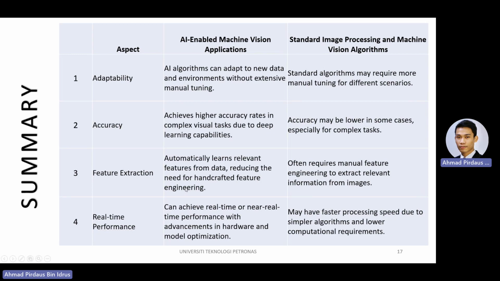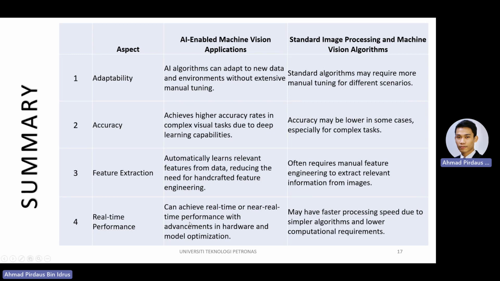The third one is feature extraction. The AI-enabled machine automatically learns relevant features from the data, reducing the need for handcrafted feature engineering. Standard image processing often requires manual feature engineering to extract the relevant information from the image. Number four is real-time performance.